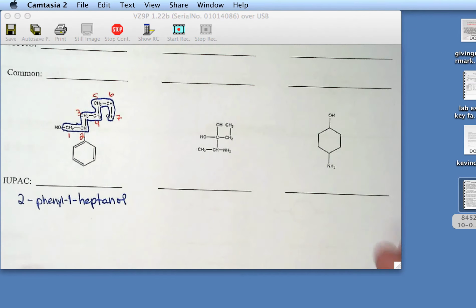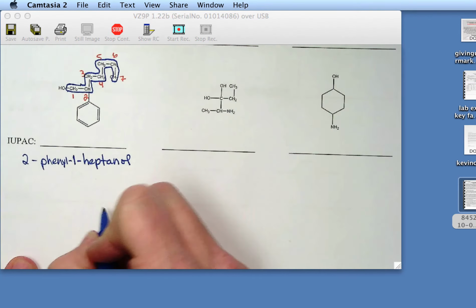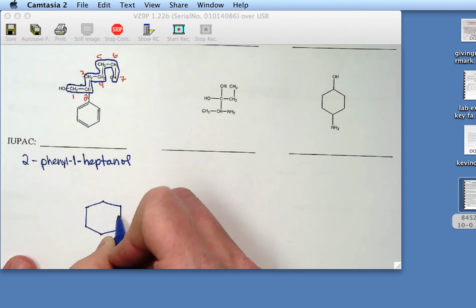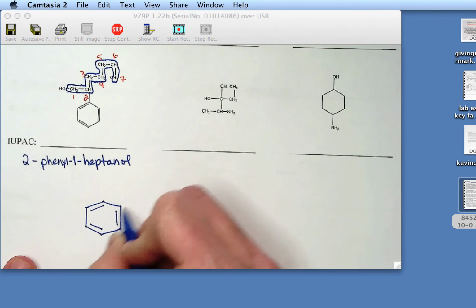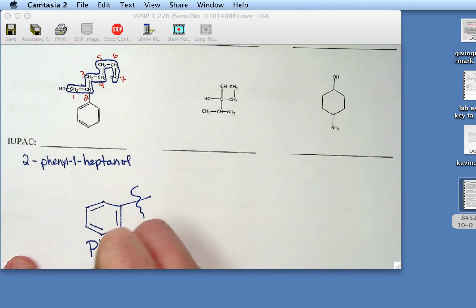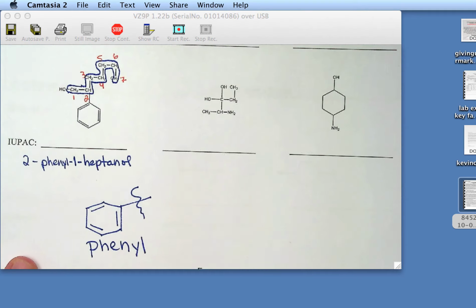I want to distinguish, since we just talked about phenyl, this is phenyl. I always think of phenyl, F-E-N-N-E-L, fennel, the vegetable.